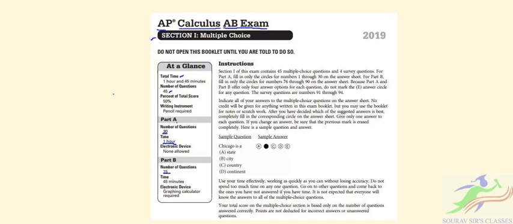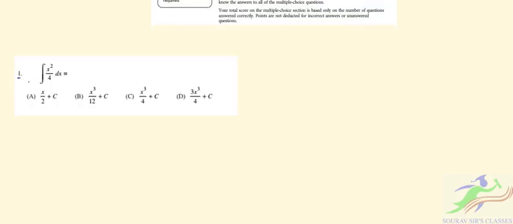Now let's move to question number 1 of Part A. Question 1 is: given the integral of x squared by 4 dx. Before finding the answer, first we will go through the topic.